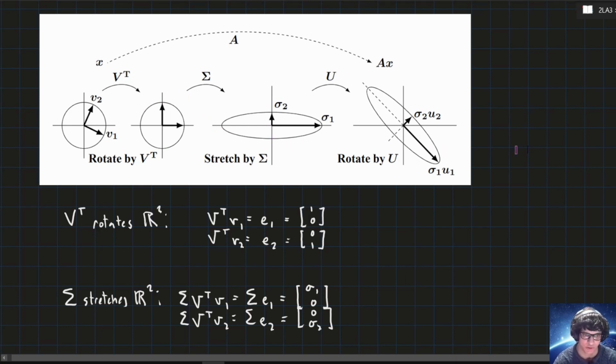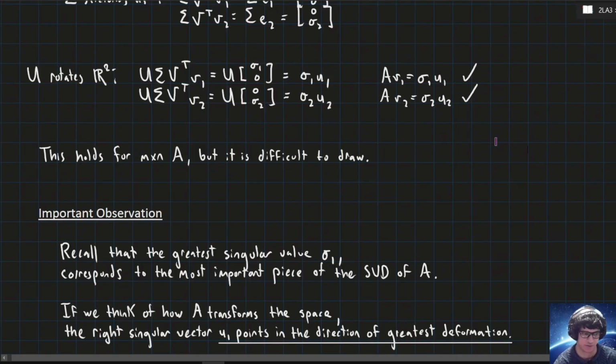Okay, so here's the important takeaway from this. You remember that when we talked about the pieces of the SVD, the greatest singular value, sigma 1, corresponded to the most important piece of the SVD. The same thing is going on here.